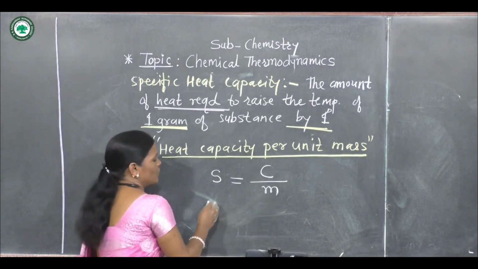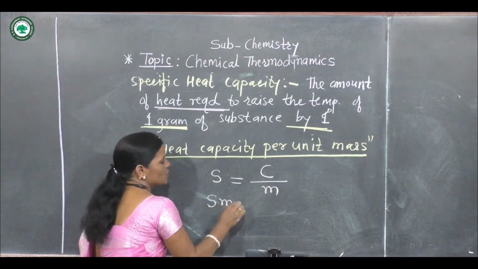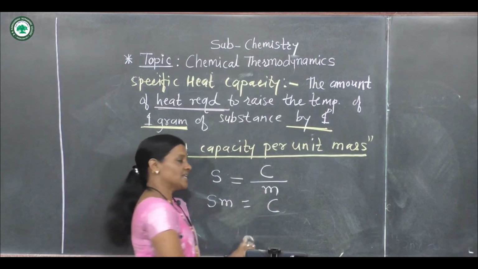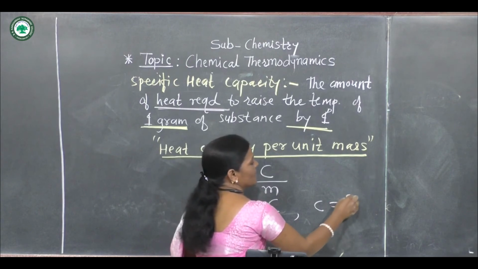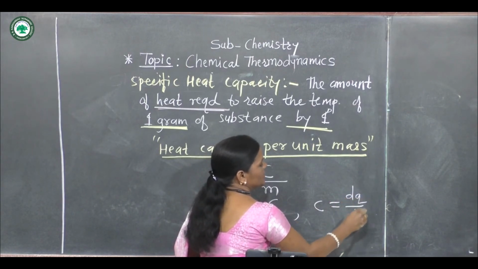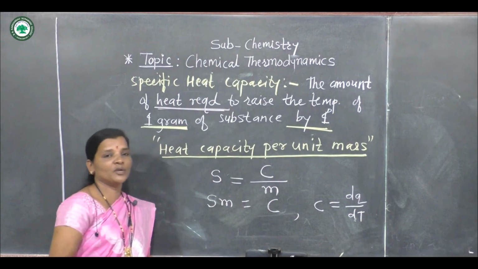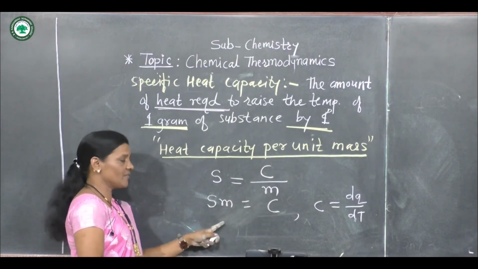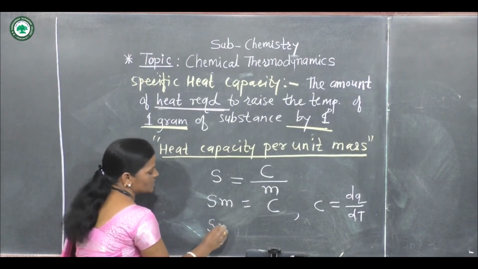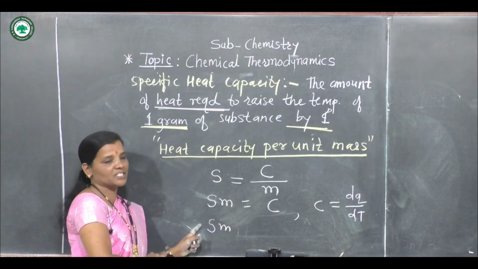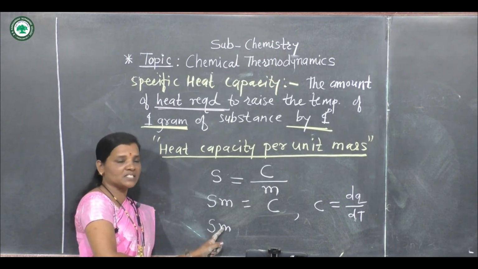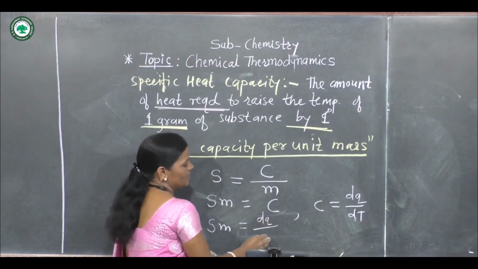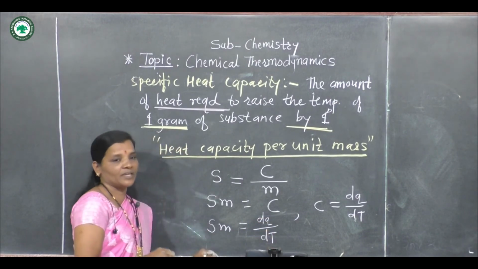So for simplification we can write S into M is equal to C. Now we know that C, the heat capacity, is given by dq by dt. So using that formula of heat capacity in this equation, we replace C by dq by dt.